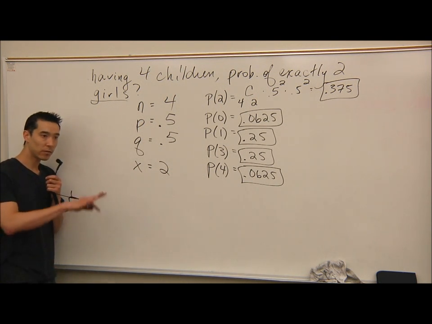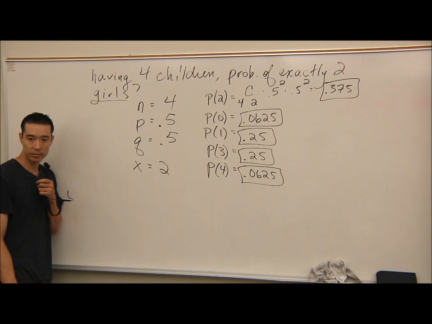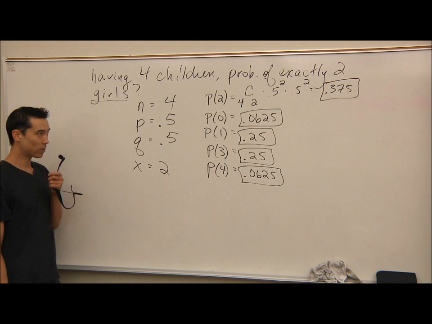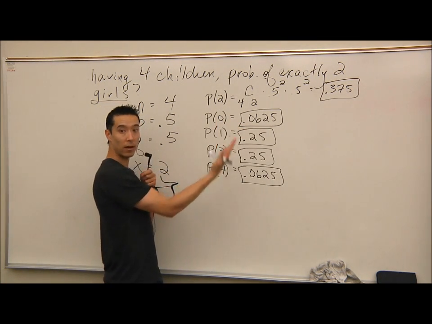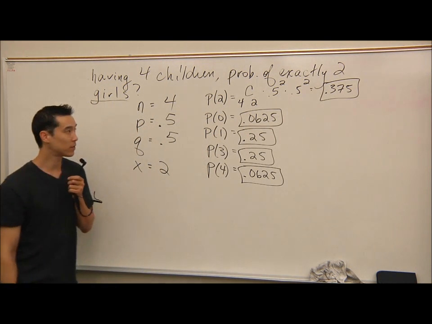So double check as you're going through the formulas that you're getting these values, okay? You're just using the same formula every time. So on this one it would be 4C0, 0.5 to the 0, 0.5 to the 4.